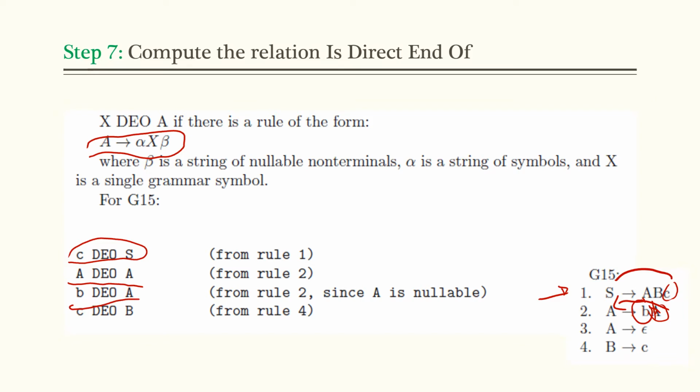The next one is the nullable non-terminals, so we skip. The next one is rule number 4, C is the direct end of B. So this is step number 7 to find direct end of.